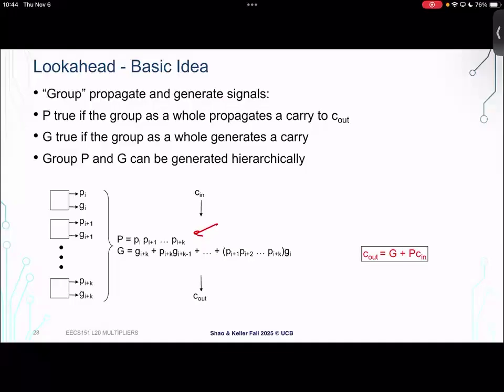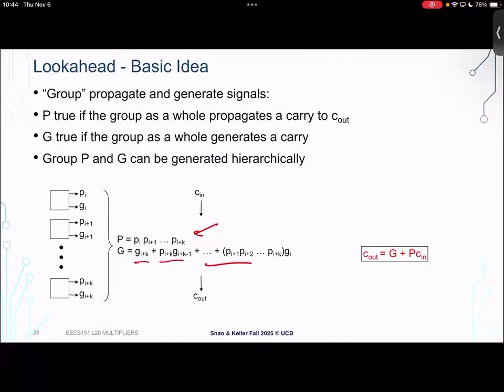The group generate is true if that whole group generates a carry. It is true either if the last bit in the chain generates, or the last bit propagates and the second to last bit generates, or the last two bits propagate and the third to last bit generates, and so on until you reach the end of the chain.